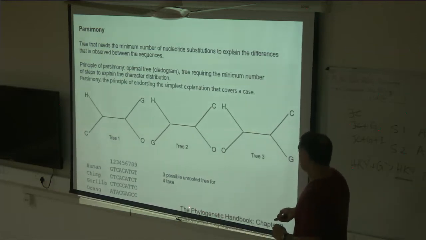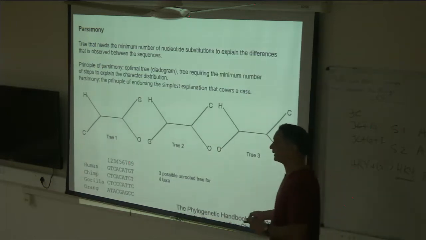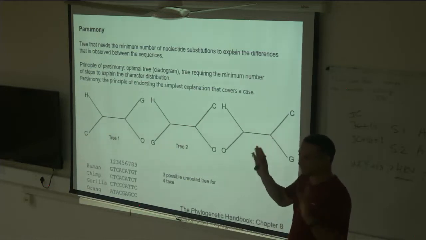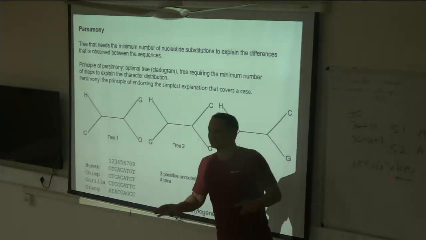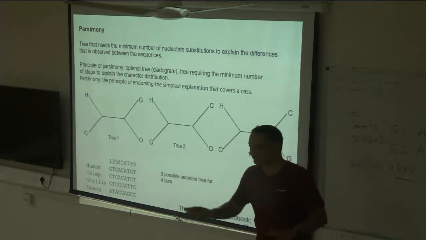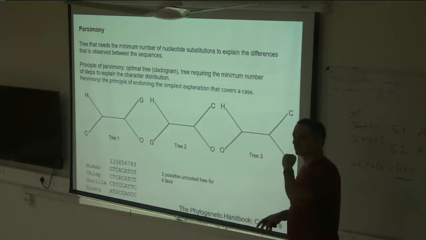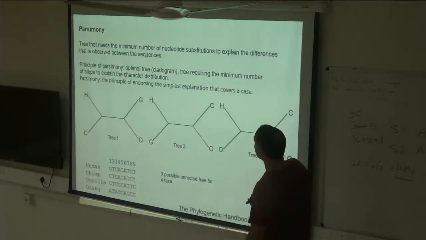By the way, this book, Phylogenetic Handbook, is a pretty nice book which you can download for free on certain websites. That's what we have done. So you didn't get it from us. We haven't given it to you as yet. I think it's not there in that folder, but remember to take a copy of that.